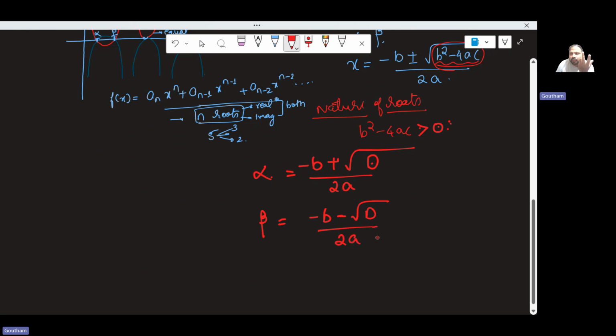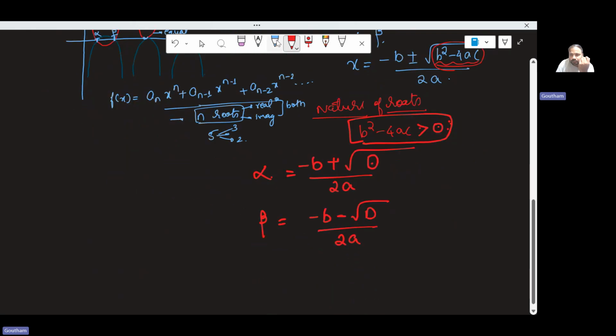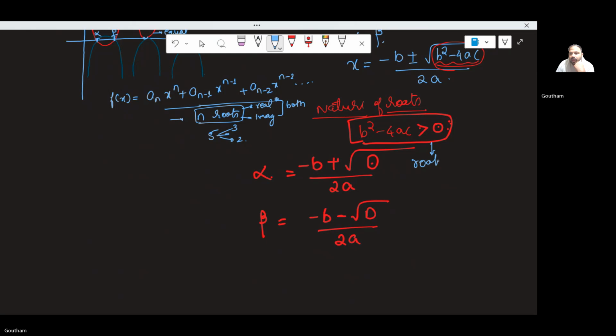Now, if b square minus 4ac is greater than 0, then roots are real as well as different. What do you mean by this? Say you get something like 2 here. So minus b plus root 2, and here minus b minus root 2.